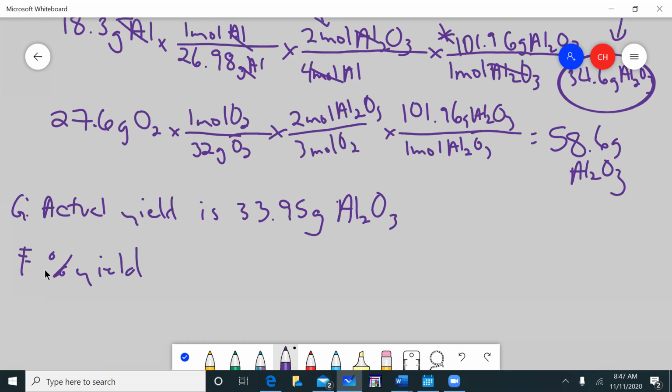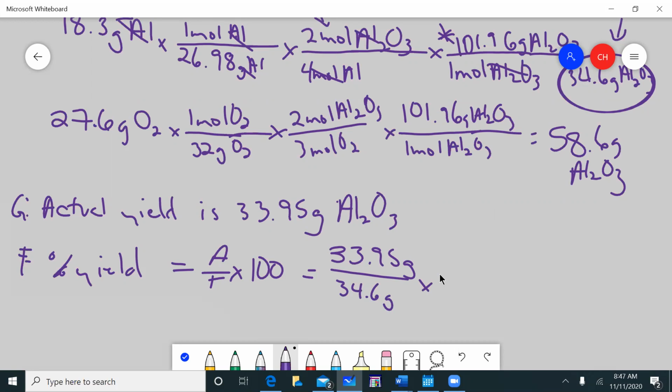All right, so percent yield, A over T times 100. So our actual, 33.95 grams. Our theoretical was the 34.6 grams, times it by 100. In this case, we get 33.95 divided by the 34.6.